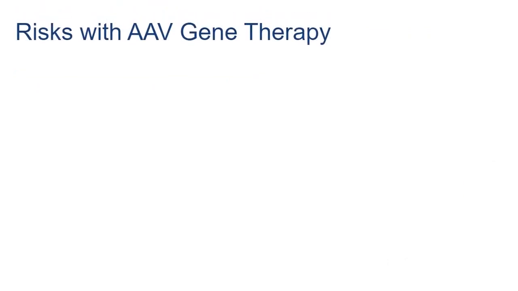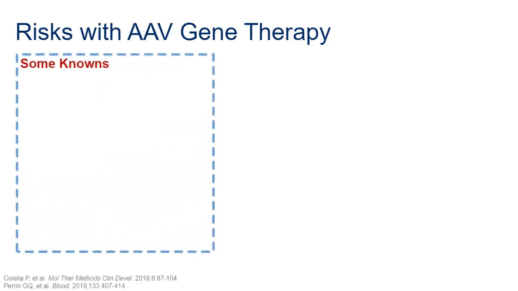So what are the risks? We have really good therapy for hemophilia now. So as we consider it for our patients, we have to be sure that the benefits to patients are greater than the risk. We have some known risk, and one is the short-term liver toxicity that is seen in some patients in virtually all the trials.